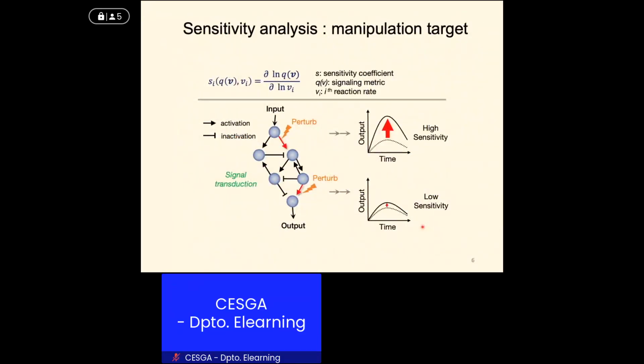So we did, I'm explaining just a scheme of how we do it, a sensitivity analysis to find which pathway or which interaction is most effective on the output. In our case, c-Fos. And then we perturb the system and see this sensitivity.